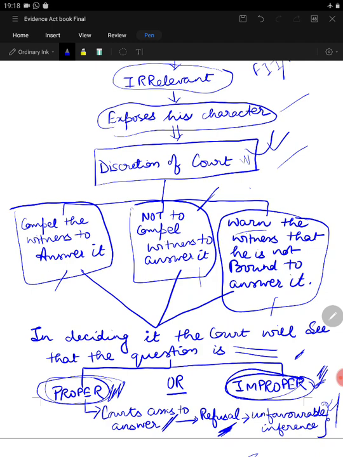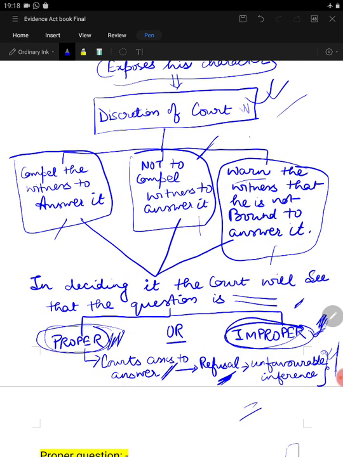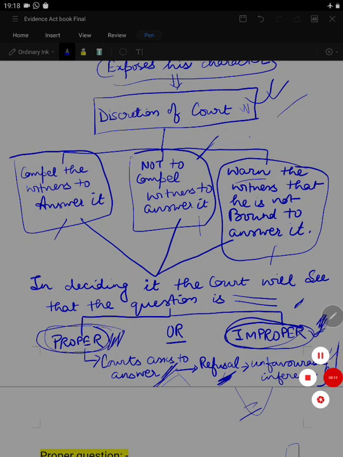An improper one would not affect the credibility of the witness, and it would not be so important to the case. And if it is proper and the court asks him to answer it and there is refusal, then the court can draw an unfavorable inference with respect to the witness. Thank you, friends. That's all for today.